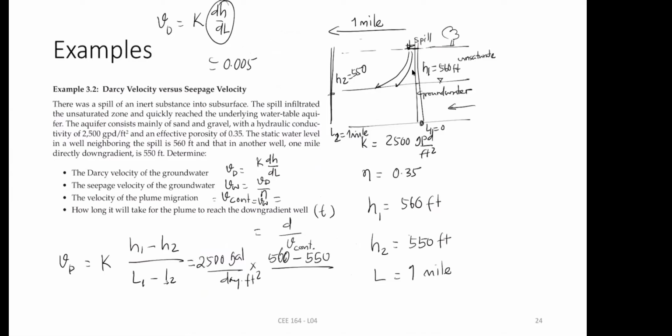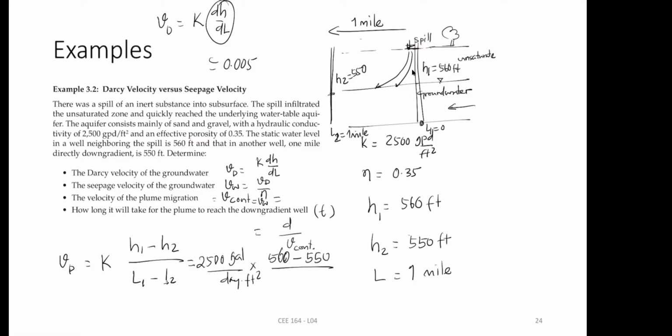Anytime you get a negative number, it's because we switched it. It has to be positive. But just know that for dh over dl, the height is always going to drop when the length increases, because as the water moves, it's going to drop. So every time it shows a negative number, we have to account for that.